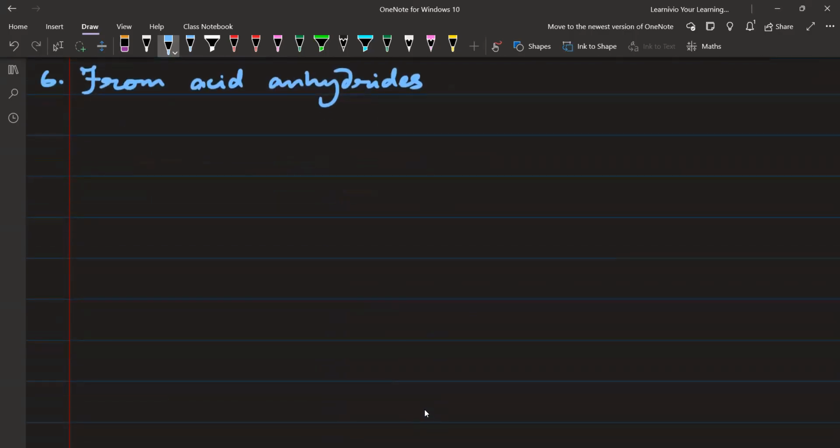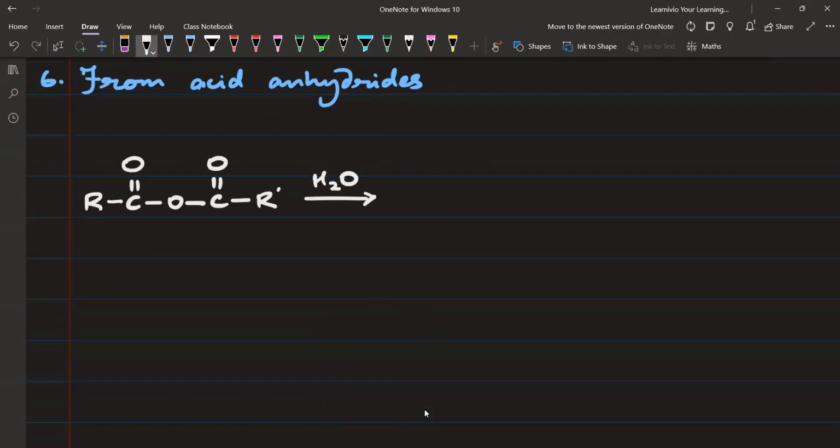Acid anhydride. The acid anhydride structure is RC double bond O, oxygen, C double bond O, and then R. Now, in the presence of water, you get two carboxylic acids, okay?